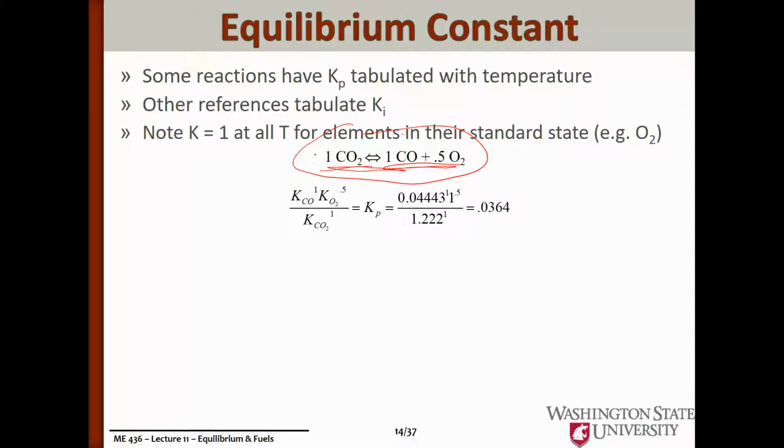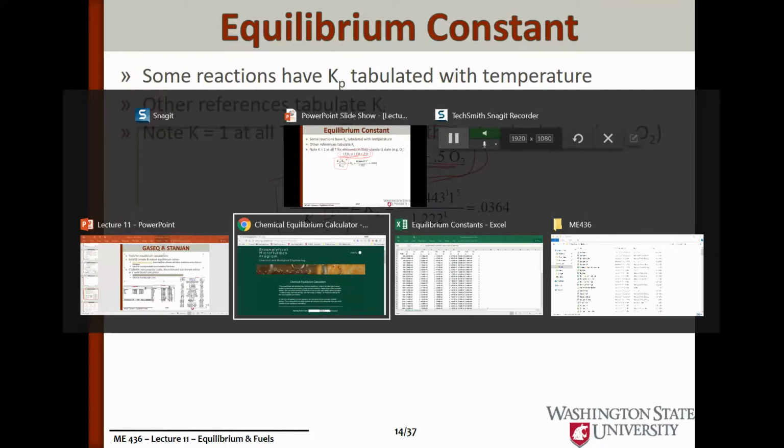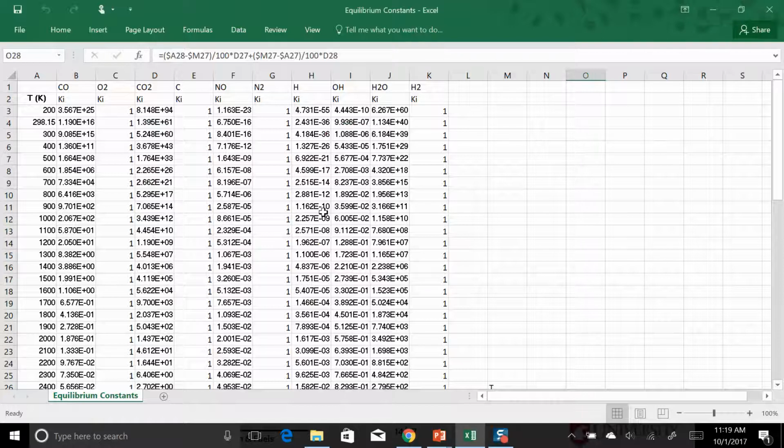And the way you're going to do that is you'll write out this balanced equation, and then you'll put it into this fractional form where you've taken the coefficients of your balanced reaction here and made them exponents. And then I'm going to go over to this Excel sheet, which I will post on our Blackboard, and find those species. So I have carbon monoxide here in column B, CO2 is in D, and we are looking for oxygen, which is here in C.